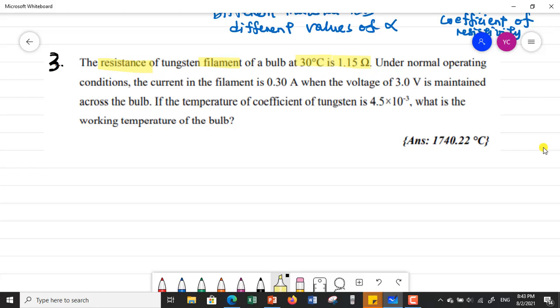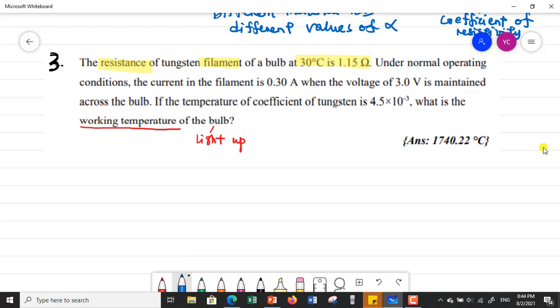If the temperature coefficient of tungsten is 4.5 to the power of -3, what is the working temperature of the bulb? What is meant by working temperature? Working temperature means when the bulb is lighting up. Bila dia menyala, that means it is working, because the main purpose of a bulb is to give out light, right? It will light up.